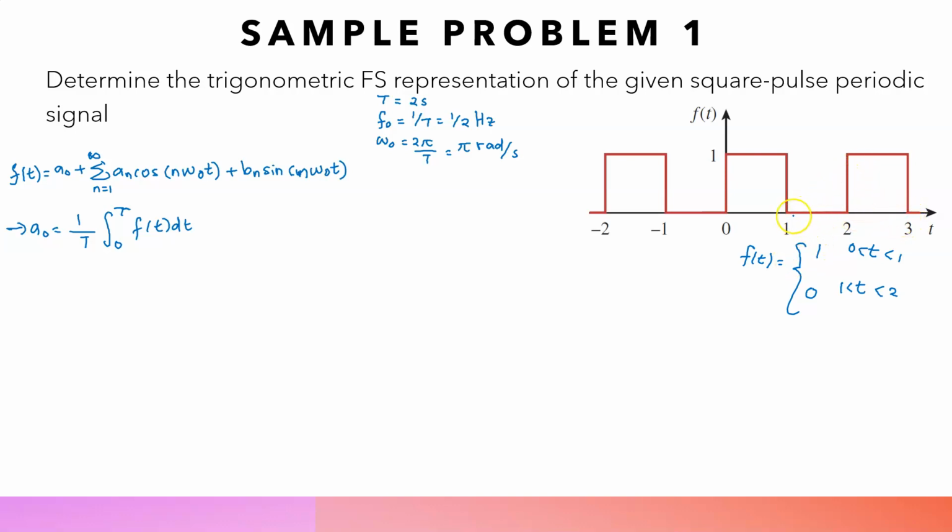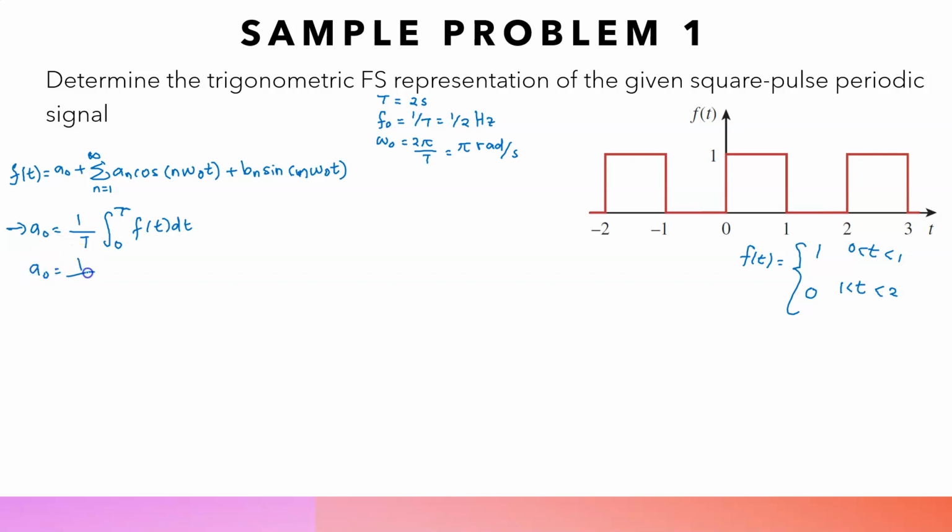If you take from 1 to 3, then from 1 to 2, f of t is 0, and from 2 to 3, f of t equals 1. Then you can substitute into the integration over here.